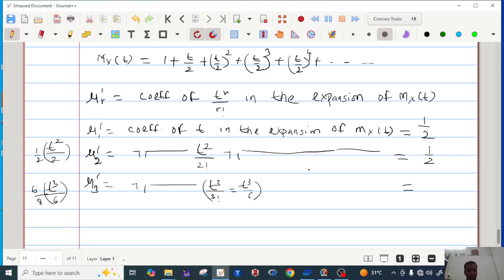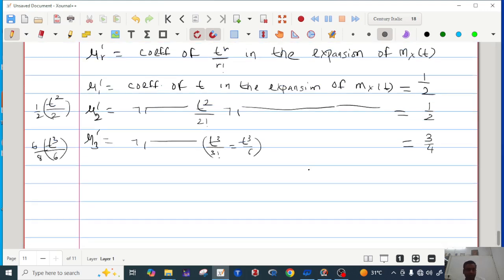The coefficient of t cube upon 6 is nothing but 6 upon 8. Mu4 dash: again the coefficient of t raised to 4 upon 4 factorial, that is t to 4 upon 24, in the expansion of M_X(t).